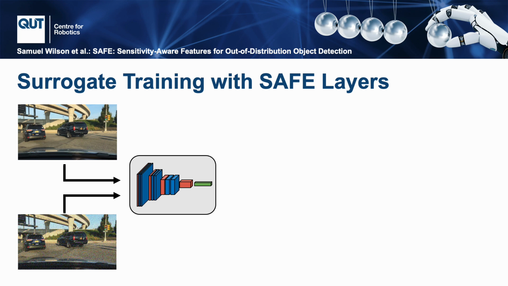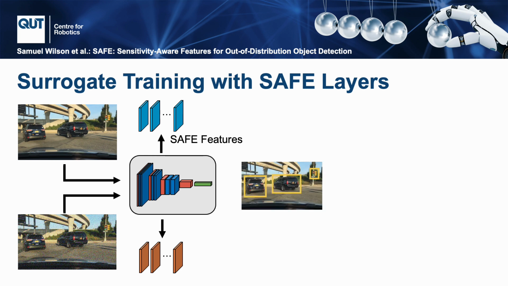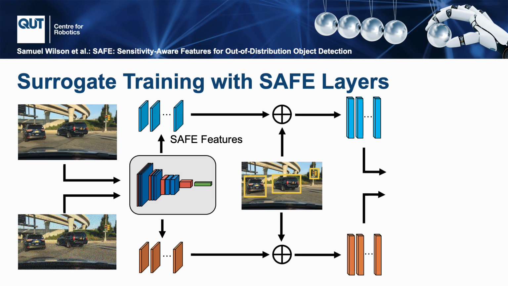These are then combined with the bounding boxes predicted on the original images through region of interest pooling operations to create object-specific feature vectors for each of the objects within the image. These are used as training samples for the auxiliary metaclassifier network to determine if an object is perturbed or unperturbed.